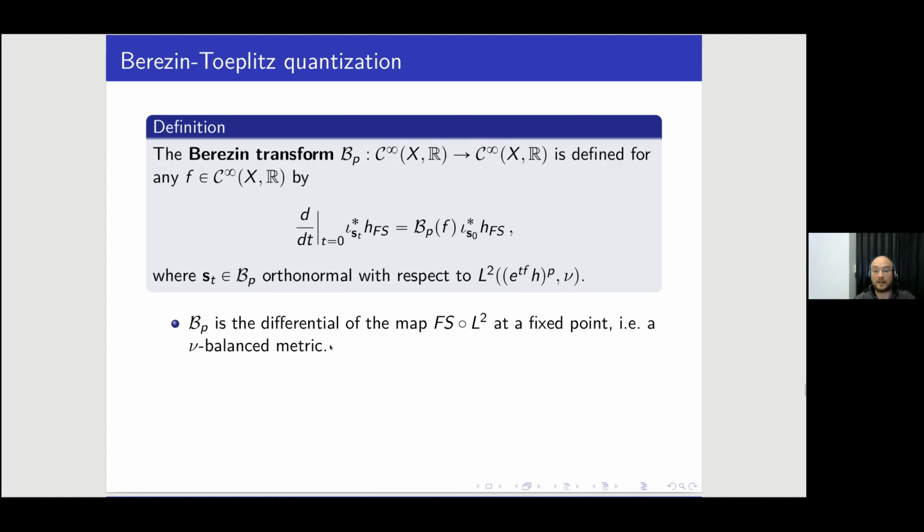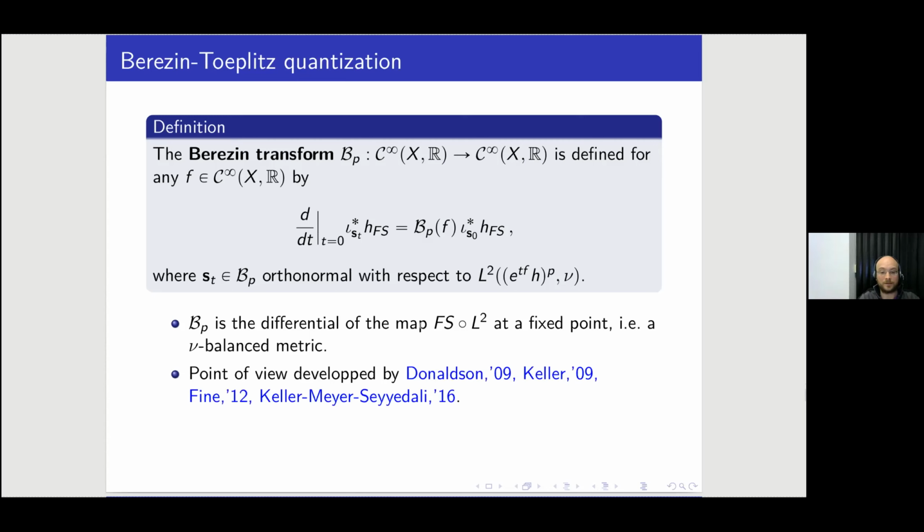And the Berezin transform, in that case, will measure the speed of convergence of these iterations. So this is a very rough idea of our point of view on the proof of Donaldson. You want to control the differential of this map, right?